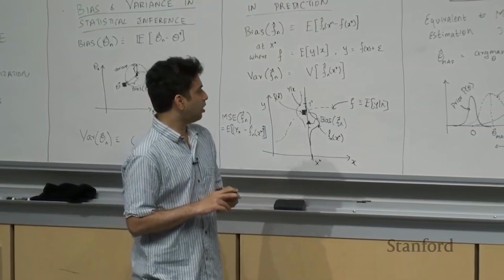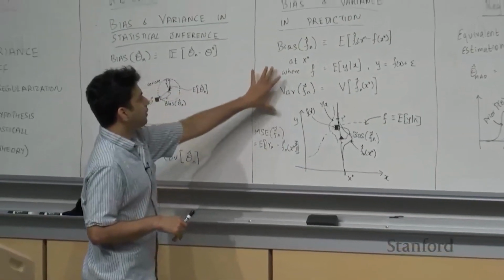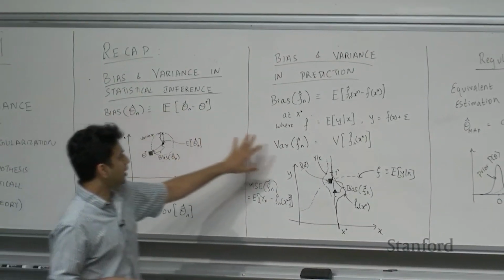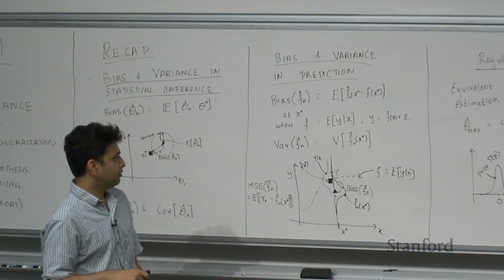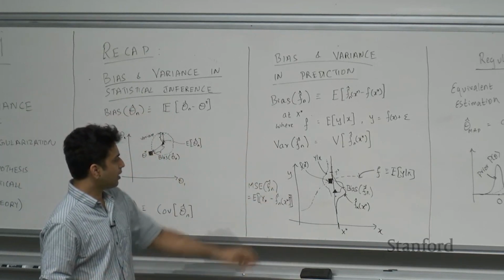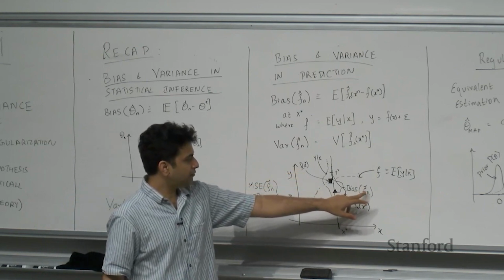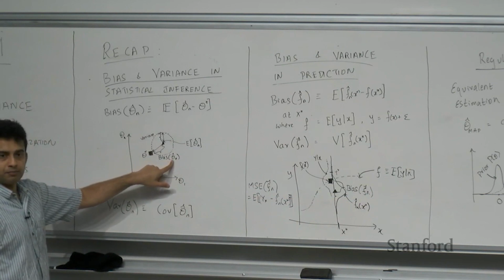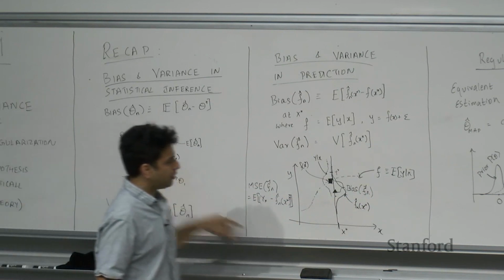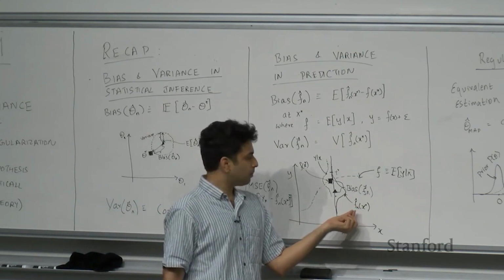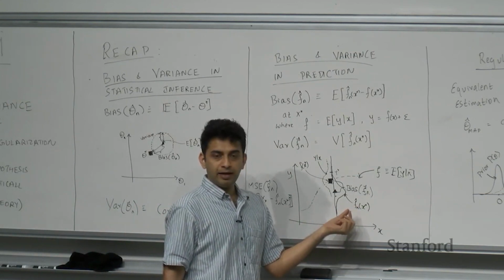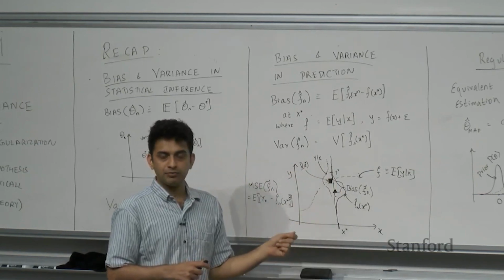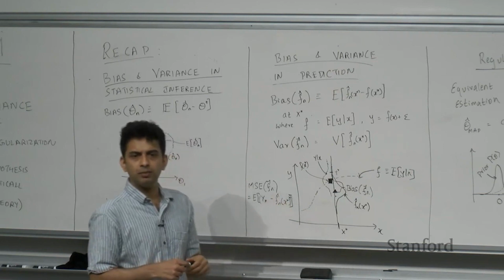Yeah, so the question is how do the definitions of bias and variance in statistical inference relate to bias and variance in the prediction setting? The short answer is that f hat n is generally composed of theta hat n. So theta hat n is embedded in this f hat n, and therefore the bias and variance in simple cases directly transfer, which we'll go over today.